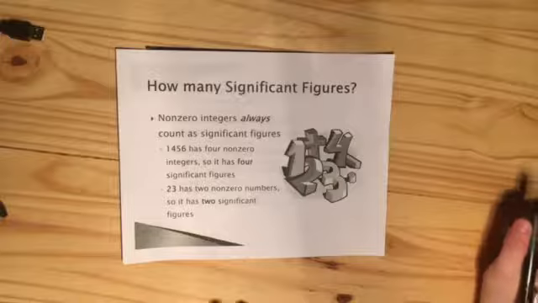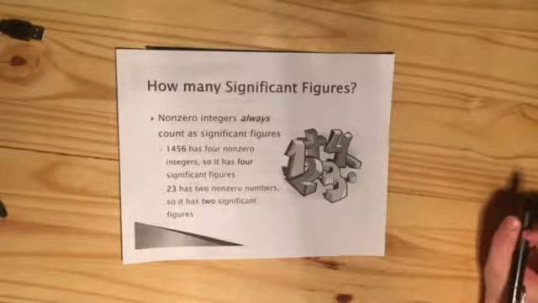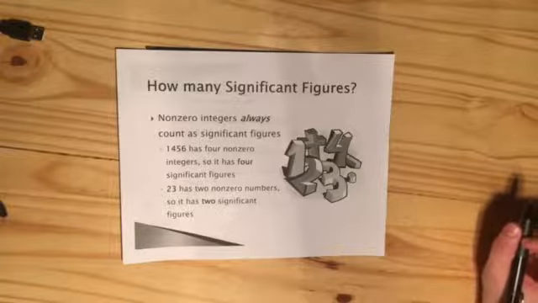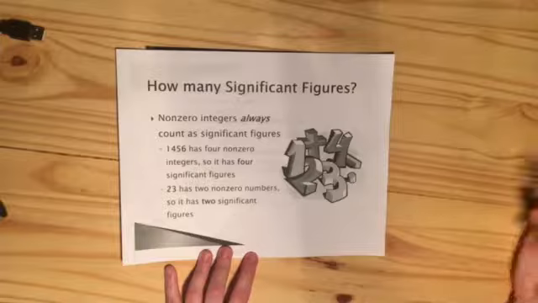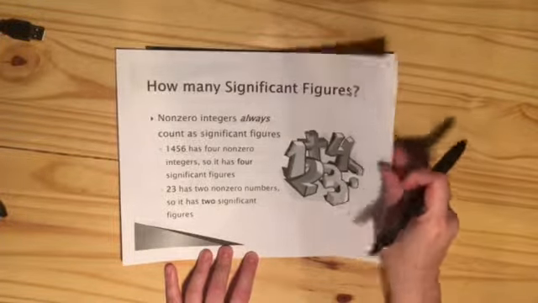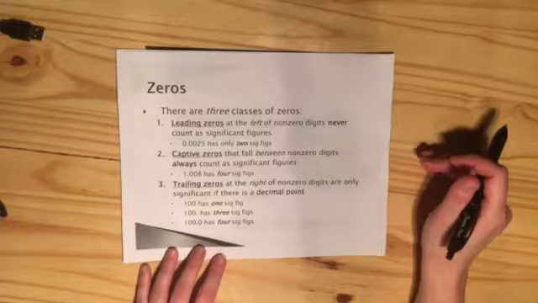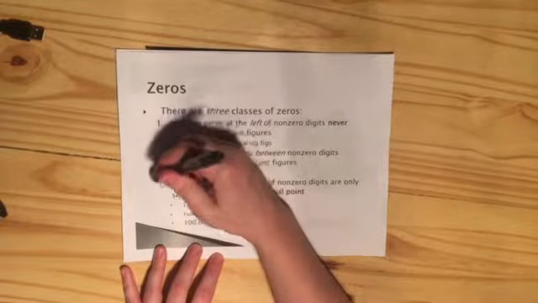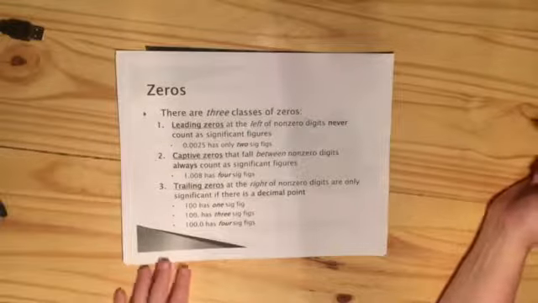So when we're counting significant figures in a number that we're just given, if you want to say how many significant figures or accurate numbers do you have, non-zero numbers are always significant. So these are easy. Anything with just non-zero numbers, everything is significant. Trickier is the zeros. And so here we're going to look at three classes of zeros. The first is what we call leading zeros.